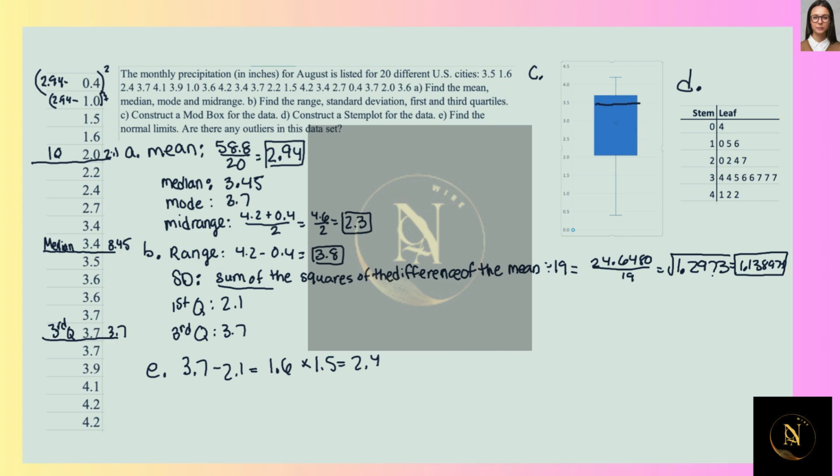Then I took my first quartile, which was 2.1, and subtracted 2.4, and I got negative 0.3. There are no numbers less than negative 0.3, so no outlier there. Then I took 3.7 plus 2.4, and I got 6.1. There are no numbers above 6.1, so there are no outliers.